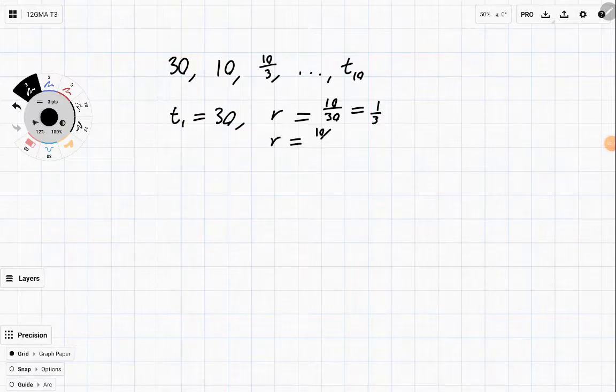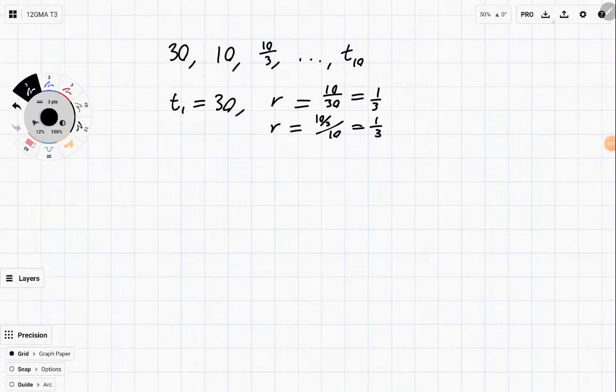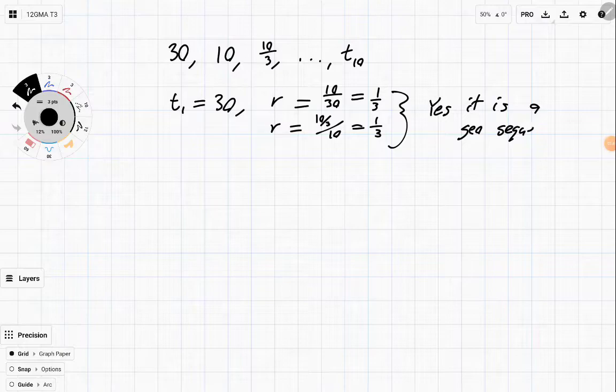So 10 thirds divided by 10, which is indeed a third. And from here, now we know that we're looking for the 10th term, so that's n equals 10. So, these first two steps confirm, yes, it is a geosequence. Right? If they didn't, then it wouldn't be a geometric sequence.